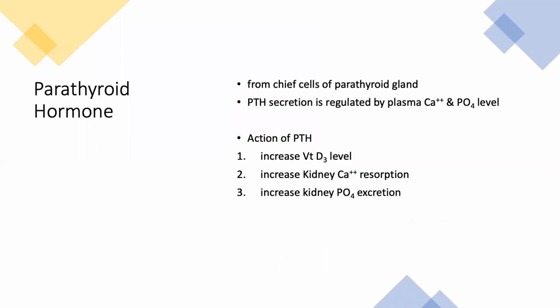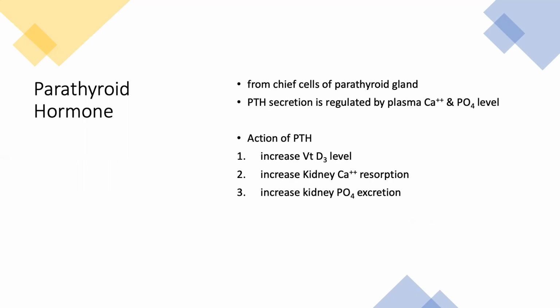Let's talk about parathyroid hormone. It comes from the chief cells of the parathyroid gland, and its secretion is regulated by calcium and phosphate levels. The action of parathyroid hormone is to increase the vitamin D level, increase kidney calcium reabsorption, and increase kidney phosphate excretion.